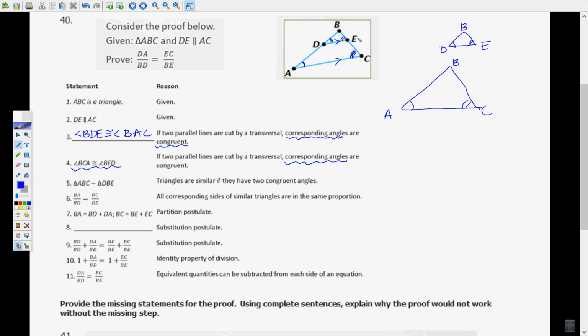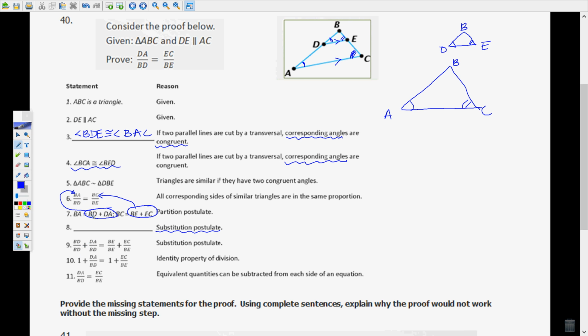Now what they do is a little substitution. From step number 6 and step number 7, they combine the two, and they put this in for BA, and they put this in for BC. Notice that's the substitution postulate. They're substituting that in for that. How do I know?